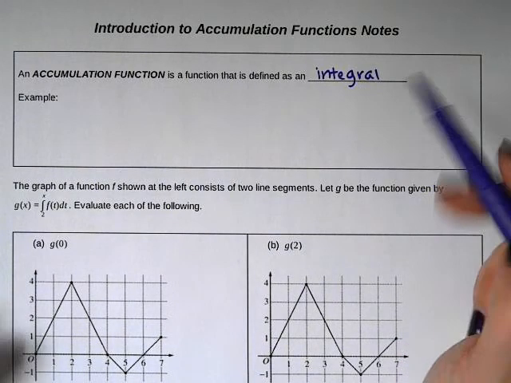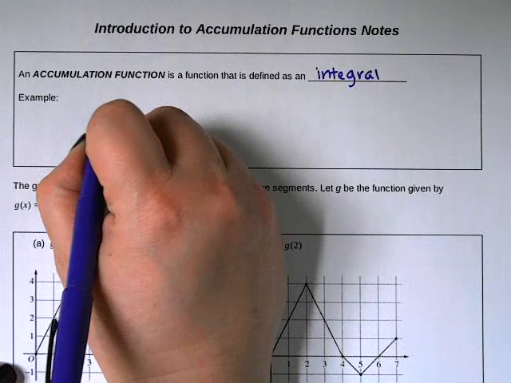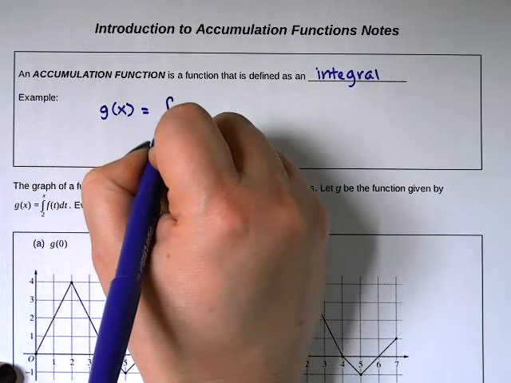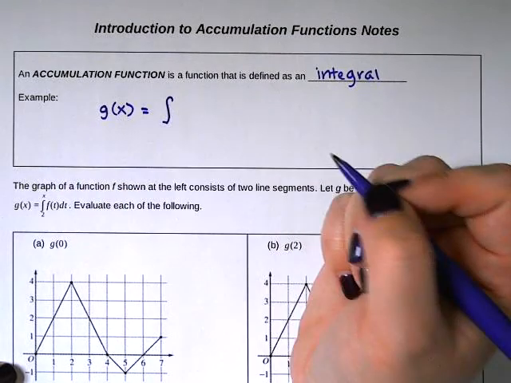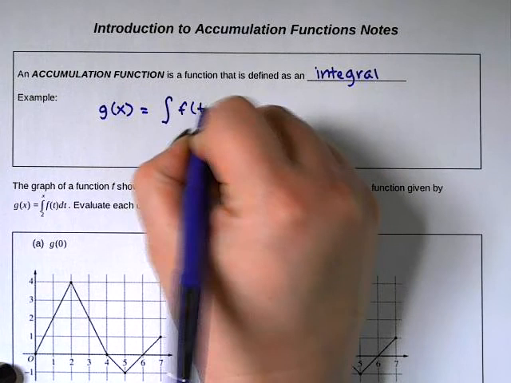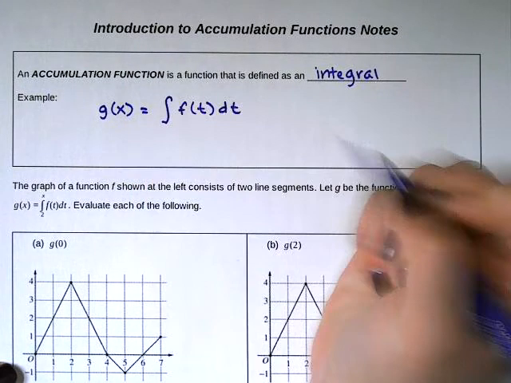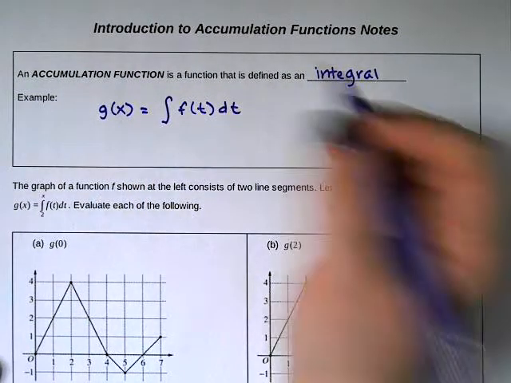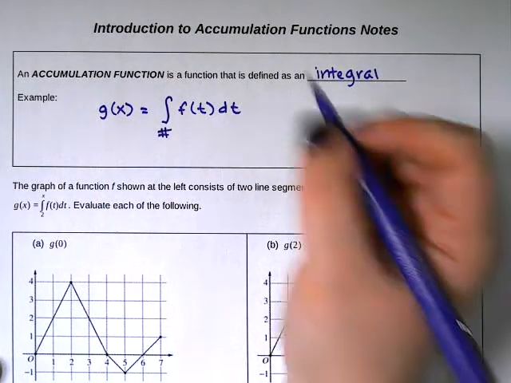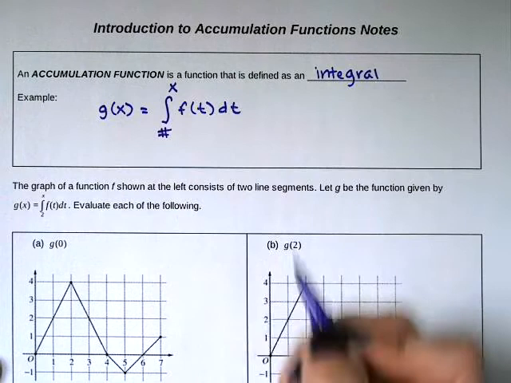integral. So for example, we could have something that looks like this: g of x equals the integral of a different function. So in this case, I'm going to go ahead and do f of t dt. And our integral is usually defined with a lower bound of a number and an upper bound of x.